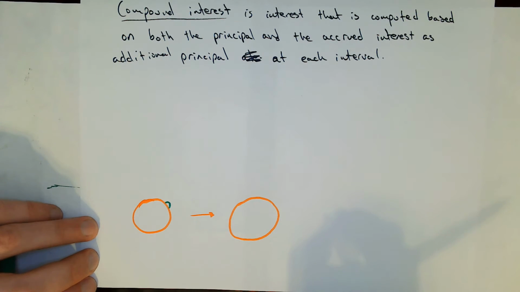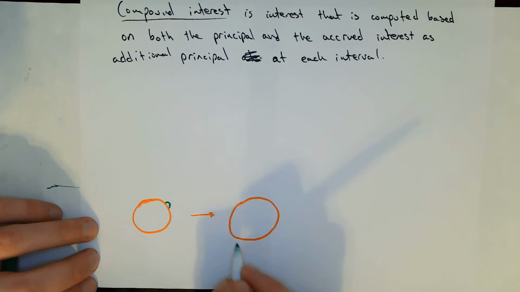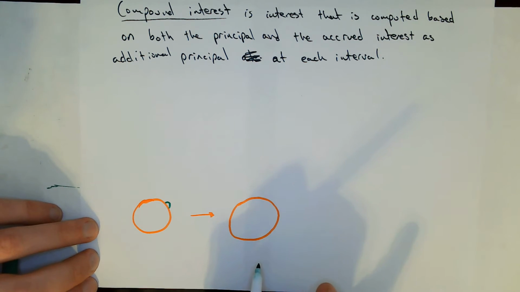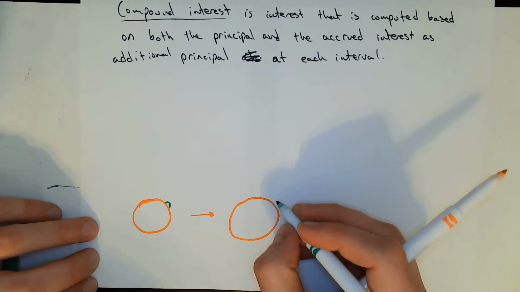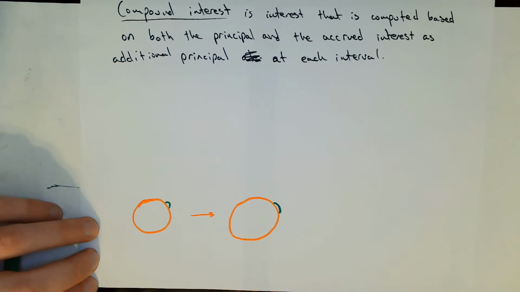Now, interest is gained again, but not the same amount of interest, because now the interest is based off of the new principal. So this is the new principal, which is larger now because it has interest. Hence, the interest that you earn on this larger amount becomes slightly larger. It's a slightly bigger bump.